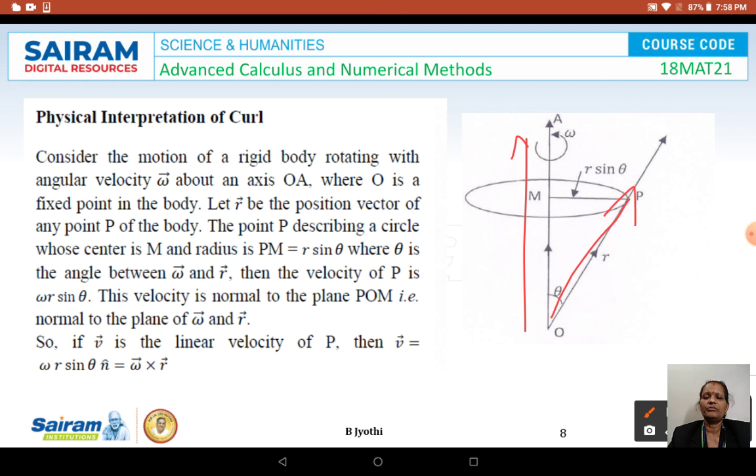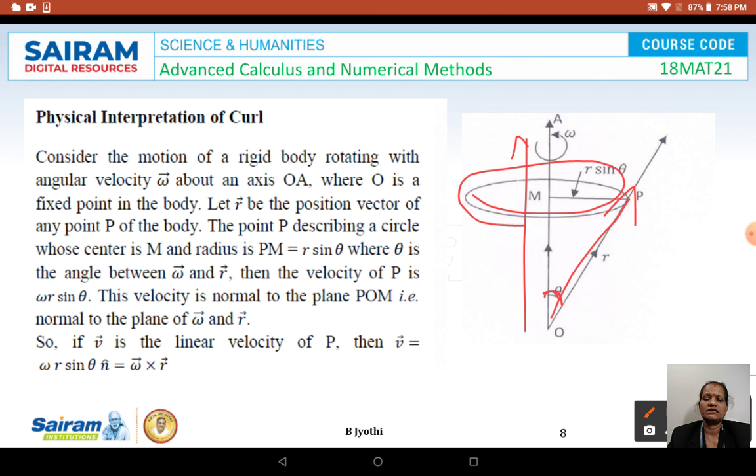The point P describes a circle whose center is M and radius PM is equal to R sin theta. This is the circle I have represented here, where theta is the angle between omega and R. Then the speed of P is omega R sin theta.